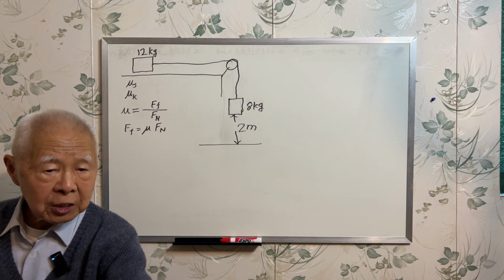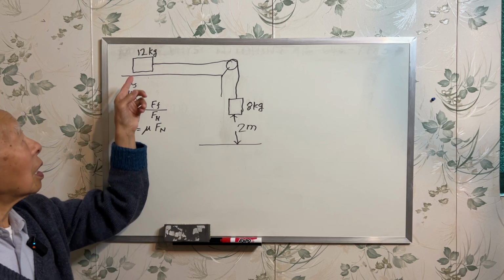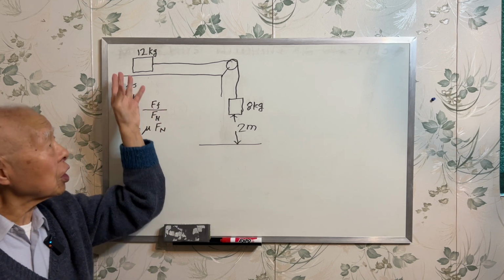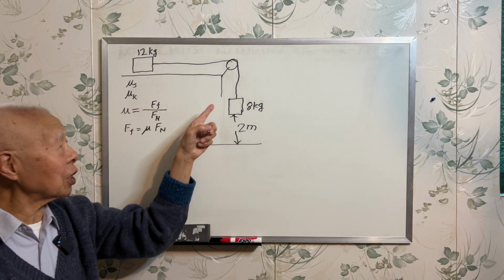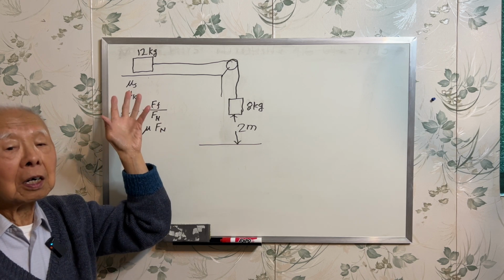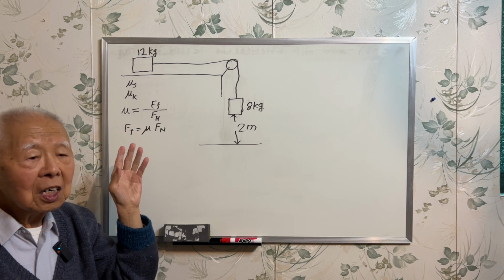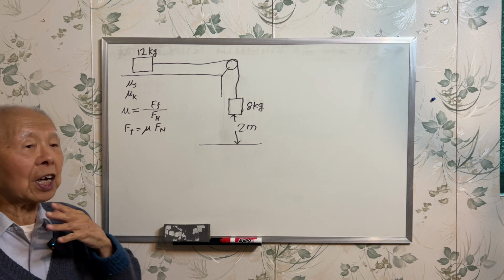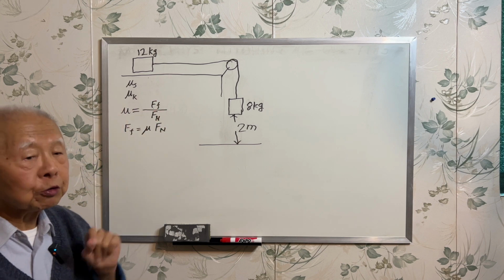What do we want to find? First of all, we want to decide whether this mass will move this way and this one going down, or they just stay there. The case of staying there happens if the friction is too much, right? That we understand.